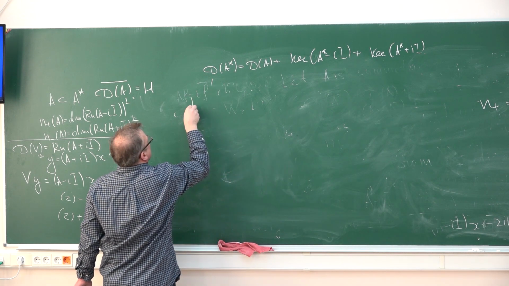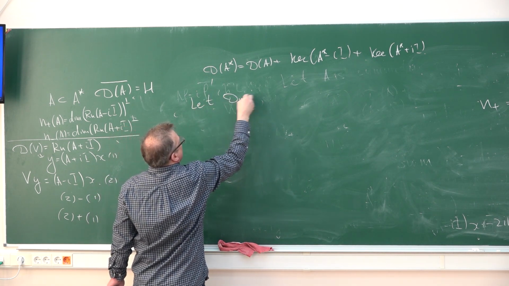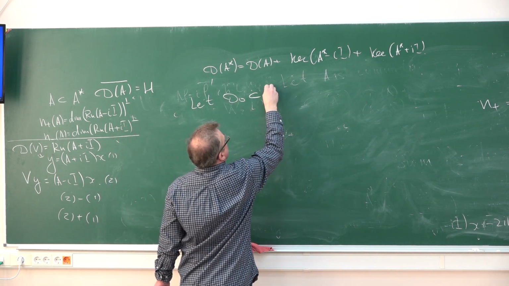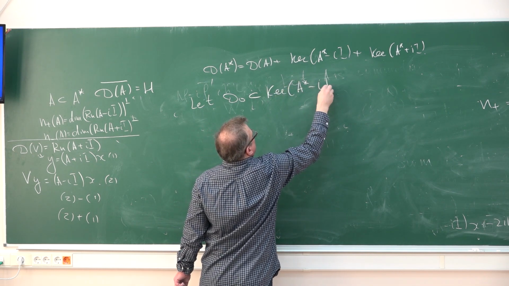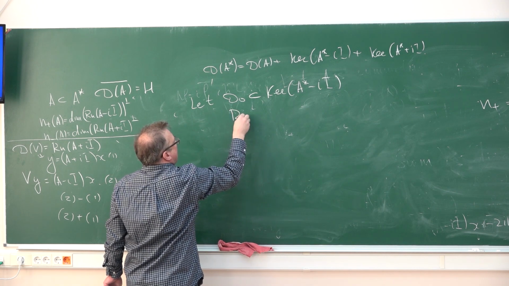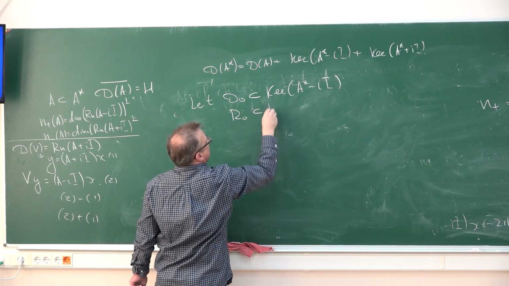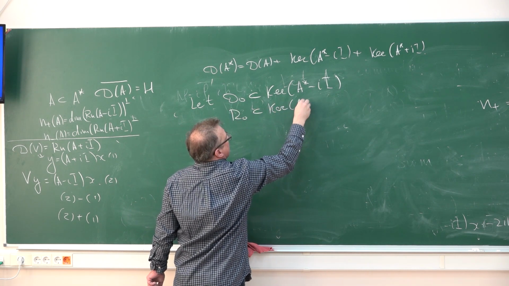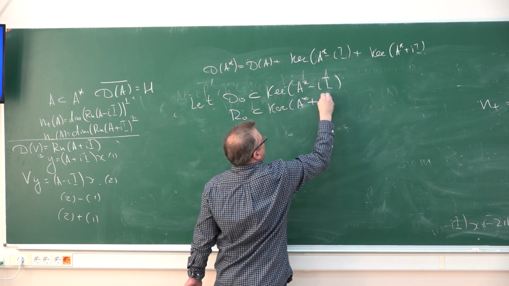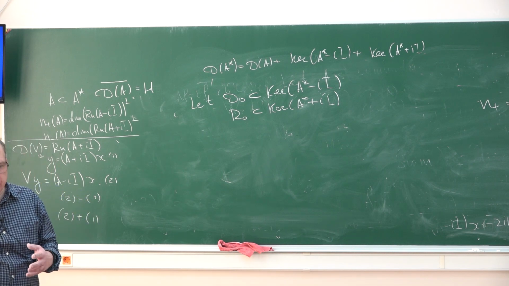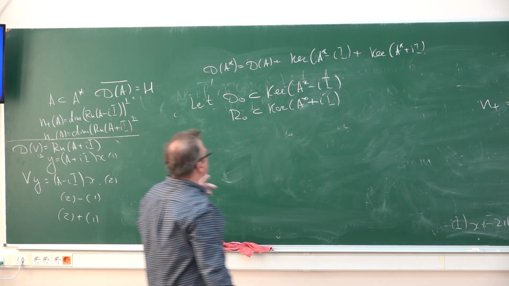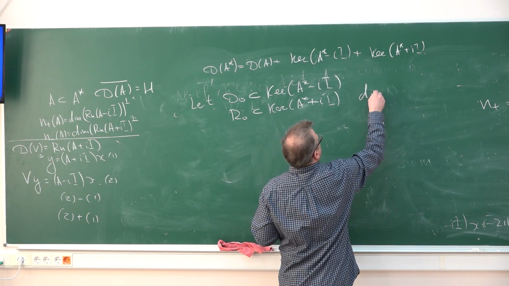So let D0 be some subspace in the kernel and R0 a subspace from this space. So take some subspaces with only one assumption.